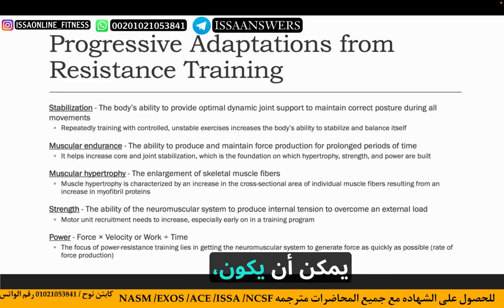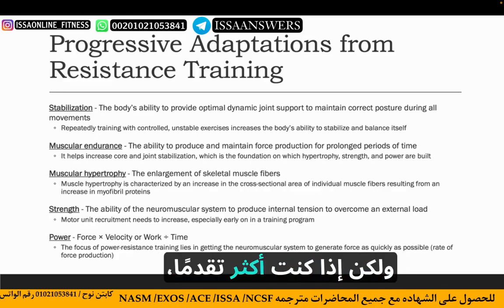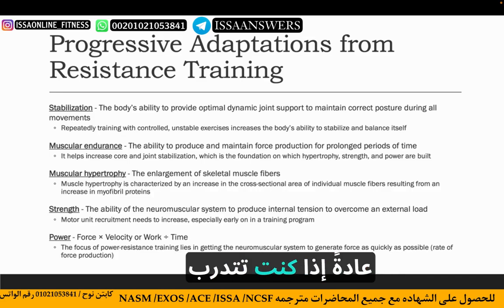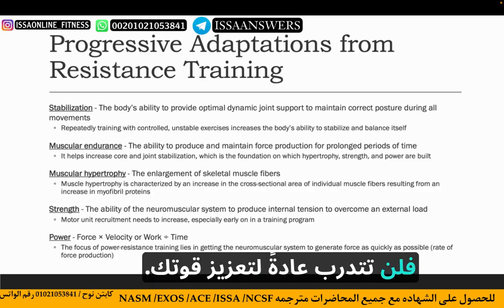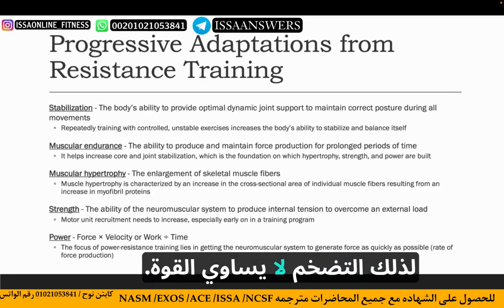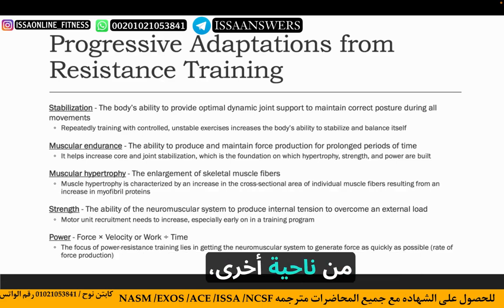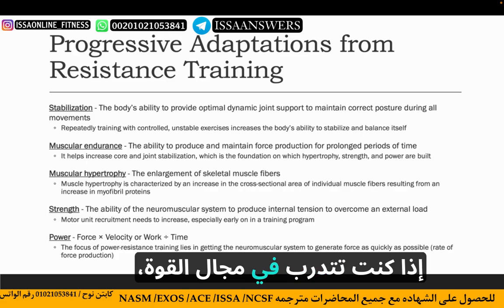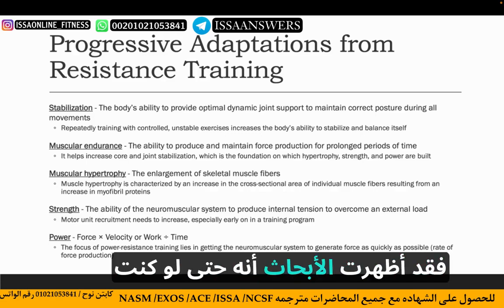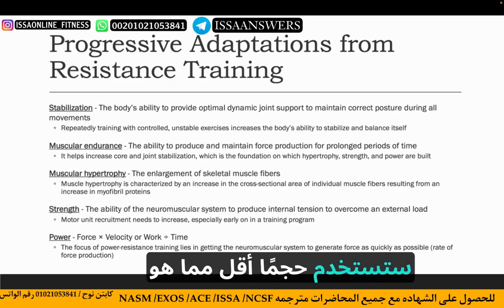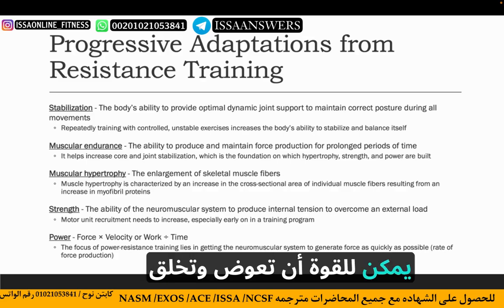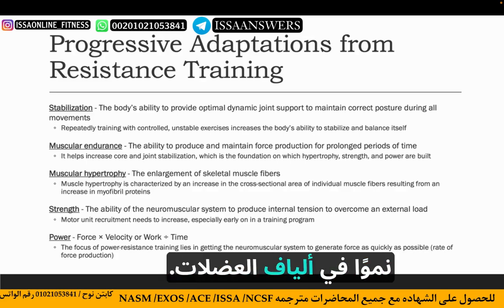But if you're more advanced, usually if you're training for hypertrophy, you're usually not going to be training to enhance your strength. So hypertrophy does not equal strength. On the other hand, if you're training in a strength realm, there has been research that does show that even though you're going to be using less volume than usually is needed for hypertrophy, strength can offset and create growth of muscle fibers.